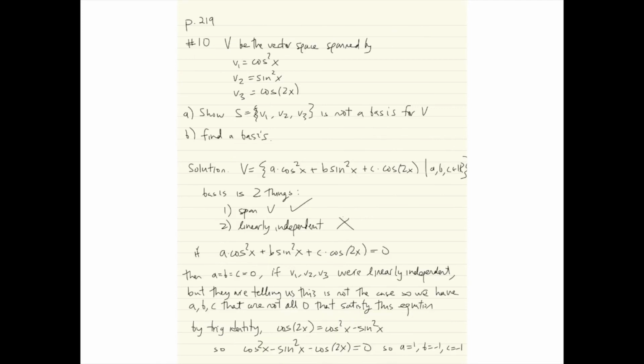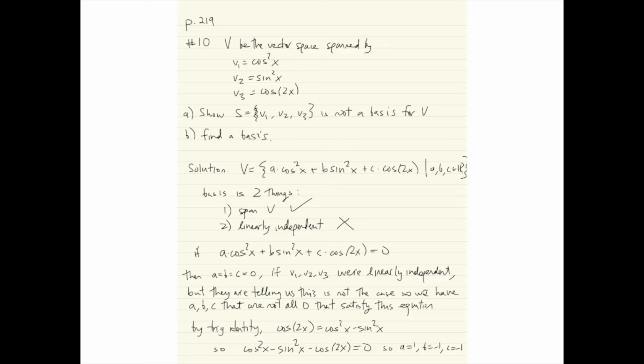Now let's look at problem 10, which says: let V be the vector space spanned over R by the functions cosine squared of x, sine squared of x, and cosine of 2x. Show that this set is not a basis for V, and find a basis.